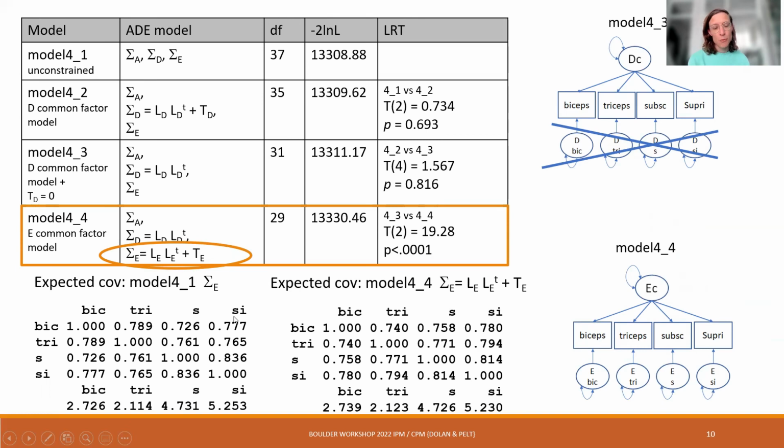However, if we compare the expected or model implied E covariance matrix between model 1, so our fully unconstrained model, with model 4.4, in which we impose the common factor model to sigma E, then we see actually that these values are roughly similar.